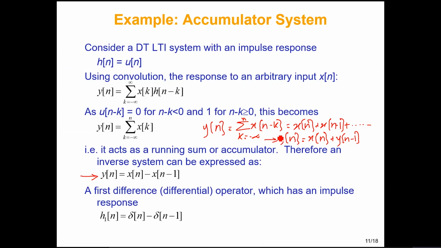This difference equation describes your accumulator system, and this equation also describes your accumulator system. Both are one and the same thing we saw last time. So these two systems are going to be inverse of each other. You will see that this is the difference equation, and if you want to find its impulse response, just replace x with delta, and your y becomes your impulse response. So this is the impulse response for the inverse of the accumulator system.